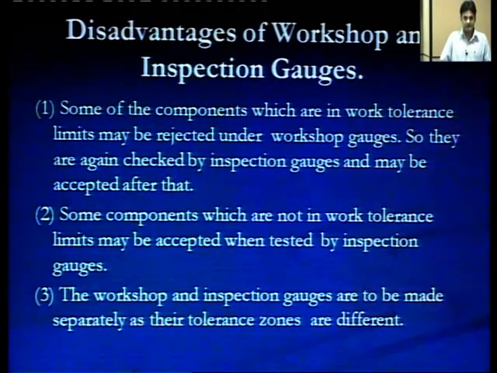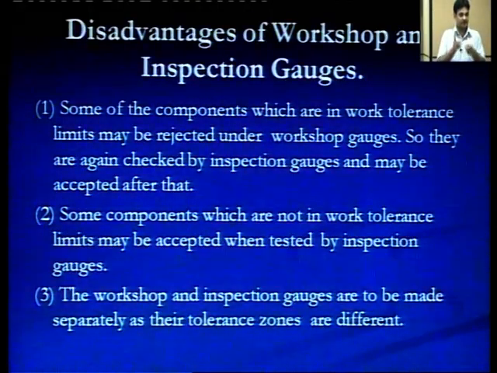Now, what are the disadvantages of workshop and inspection gauges? Some of the components which are within work tolerance limits may be rejected by workshop gauges, but when they are checked by the inspection gauges, they are accepted. So, this is a contradiction. This is due to the difference in the work tolerances of workshop gauges and inspection gauges.